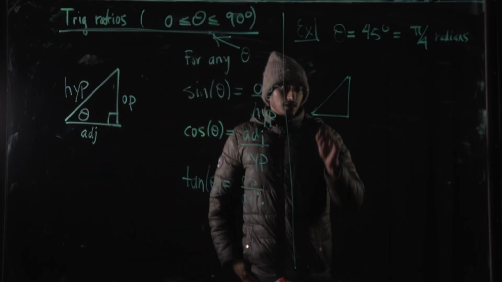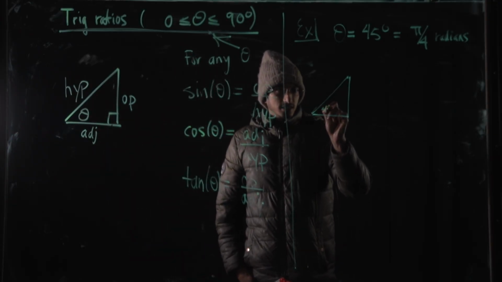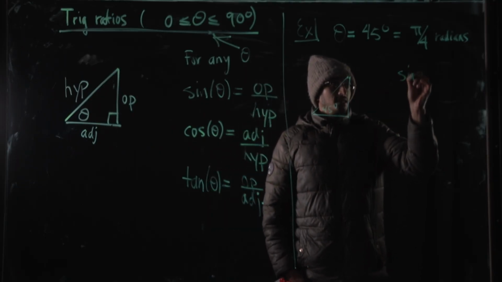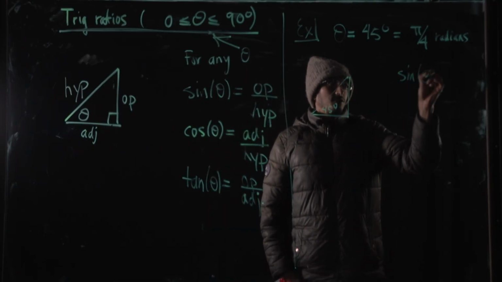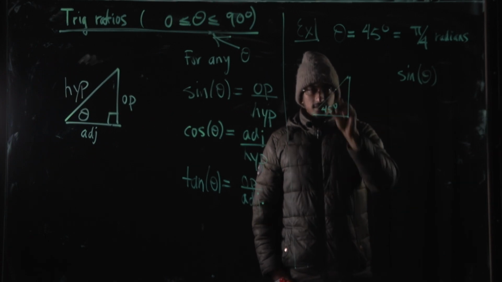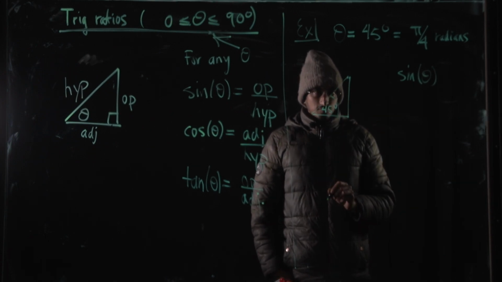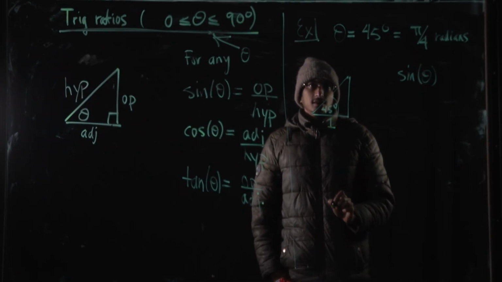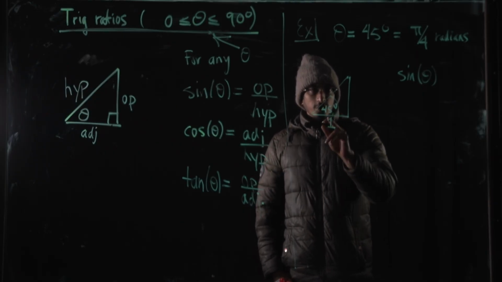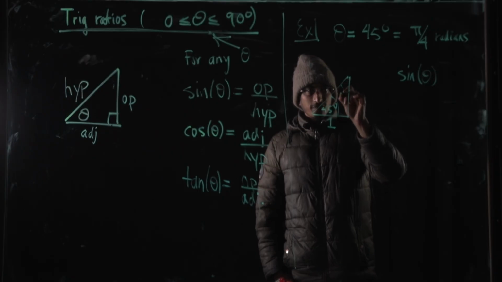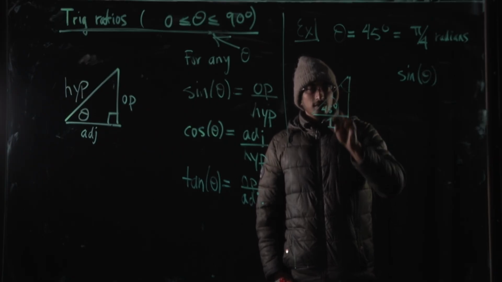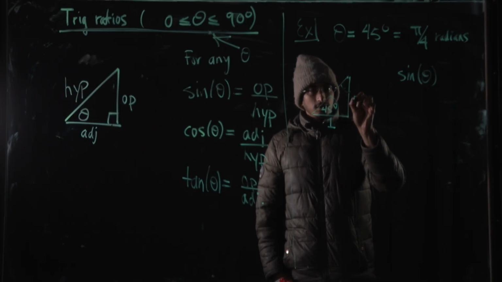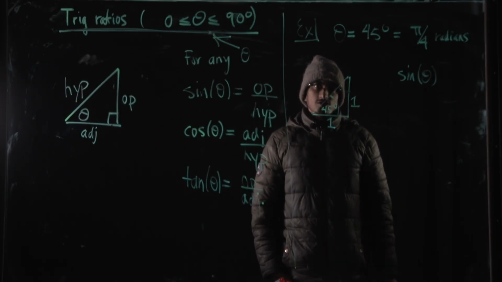So this over here is 45 degrees. Let's say I want to figure out what the sine of theta, where theta is 45 degrees, is. Well, I can just let this side be 1. If this is 45 degrees, then this is also 45 degrees, which means that these sides are also the same because it's an isosceles triangle.